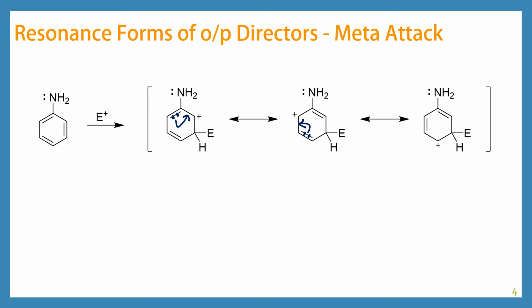Notice what we never are able to do with this structure is have the lone pairs on the nitrogen contribute to the resonance. If we did that, we could push the electrons over here, but that's not going to do anything to satisfy this positive charge. What we would end up doing is just creating a separation of charge, which is never going to be a good idea. So there's actually one less resonance form here than there is for the ortho or para attack.